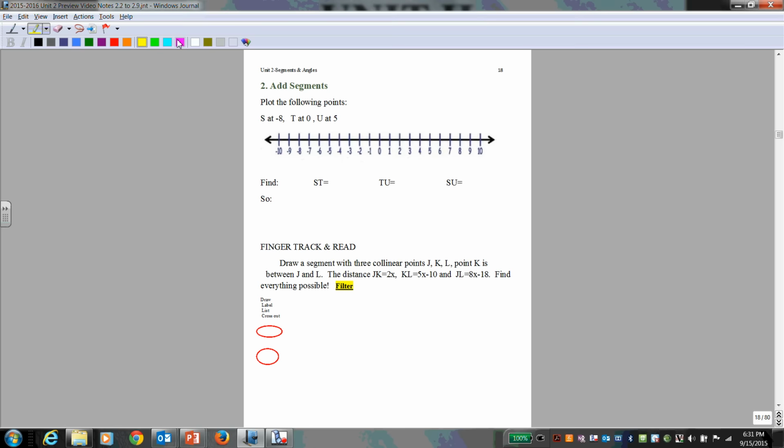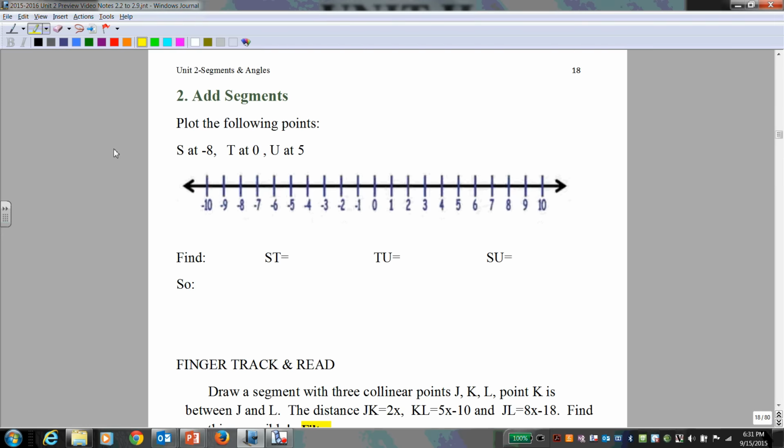Welcome back. Now we're going to learn to add segments. This is not complicated, pretty simple. Let's pause and let's add these segments right here. We have S is at -8.